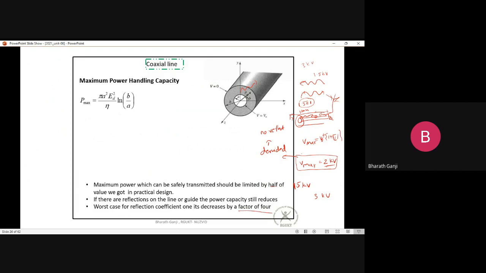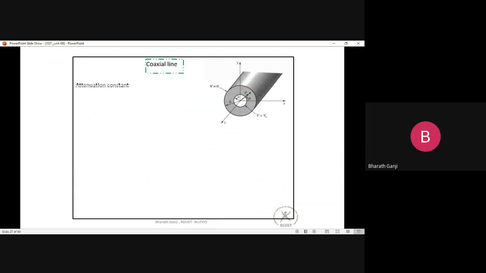But for a wire which you can operate at very high frequencies, you need to take smaller coaxial cables. But for smaller coaxial cables the power handling capability will be very less. So even the practical power handling capability becomes lesser and lesser, right? So this is all about the power handling capability.